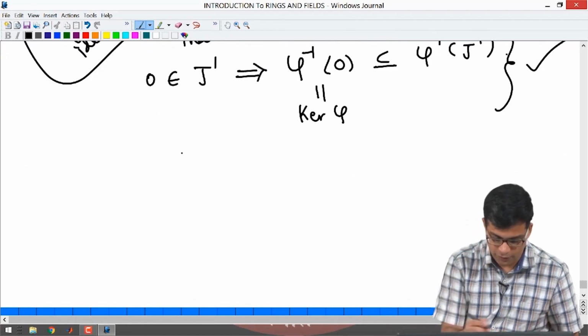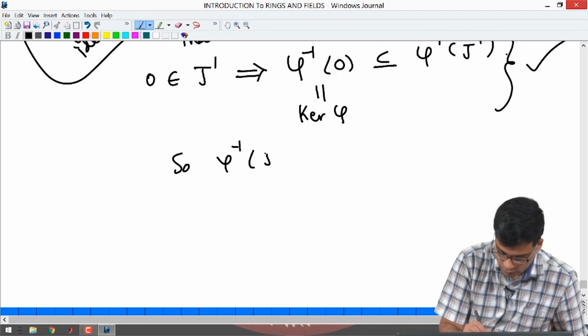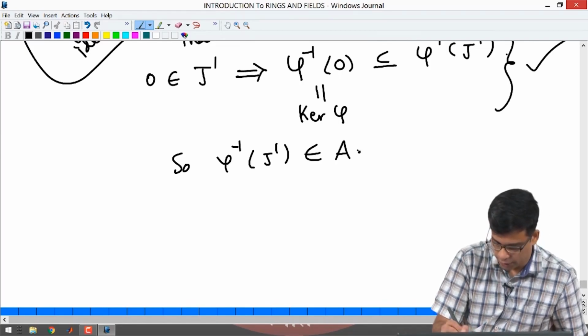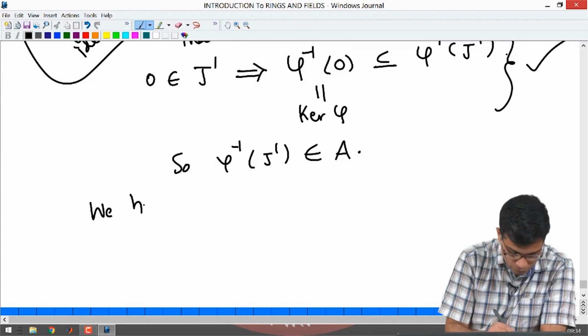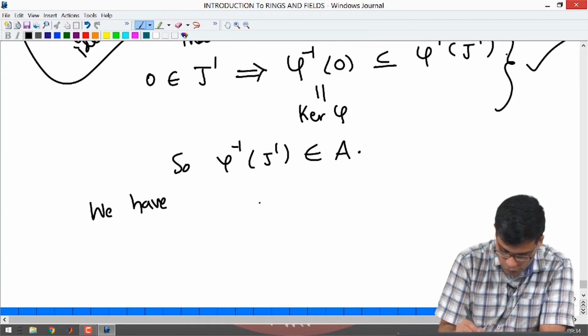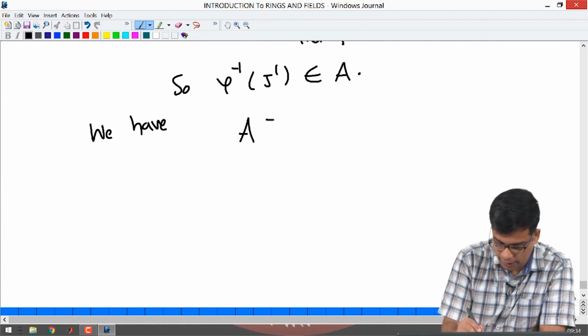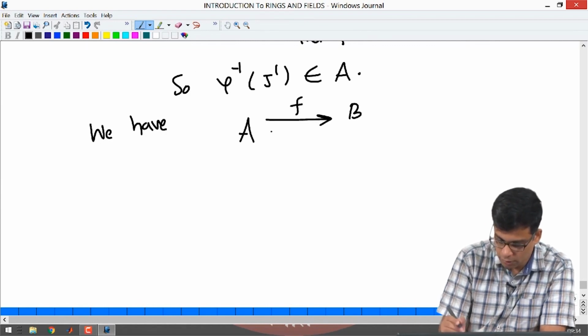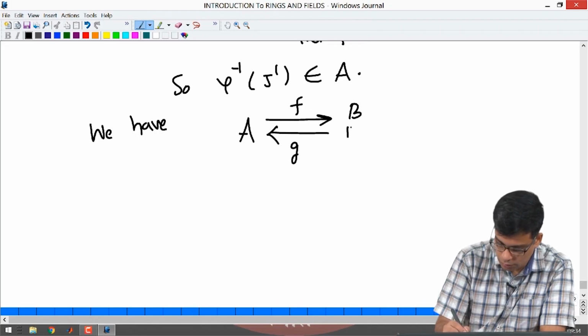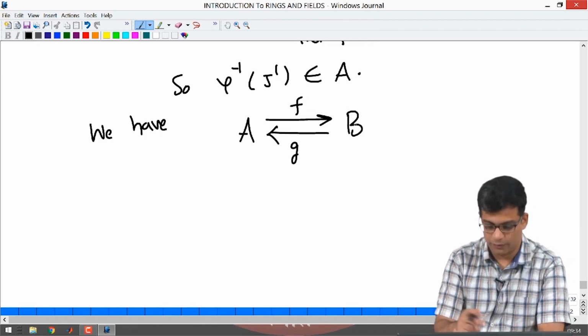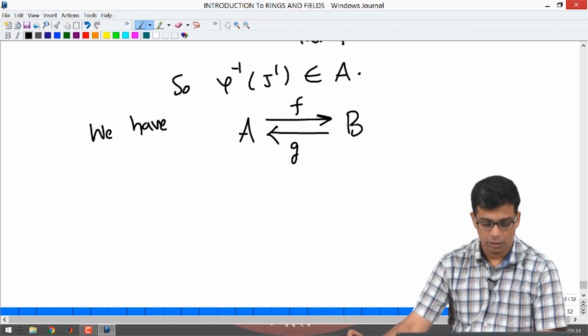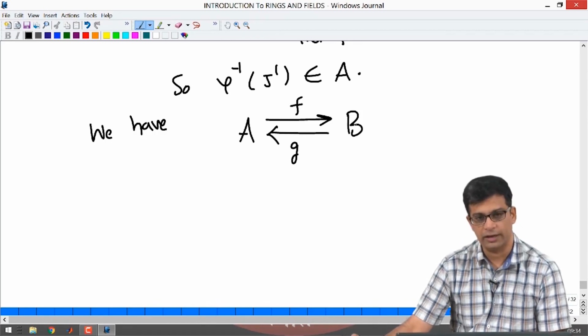So, in other words, phi inverse J prime does belong to A. So, now we have functions. I will write it like this: f goes from A to B, g goes from B to A. Now, how do we show that they are bijective?